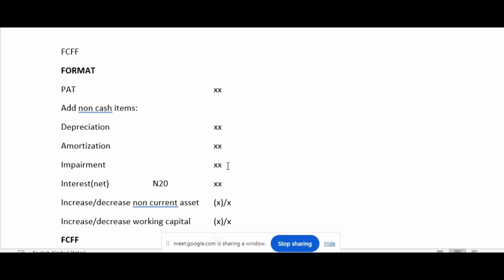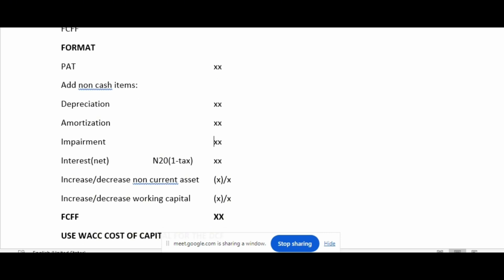That is why it is called net. So don't get confused when you see interest net: the figure in the profit or loss, then 1 minus tax rate.